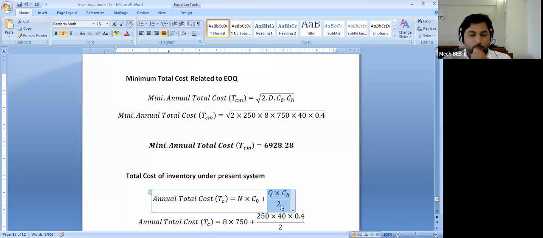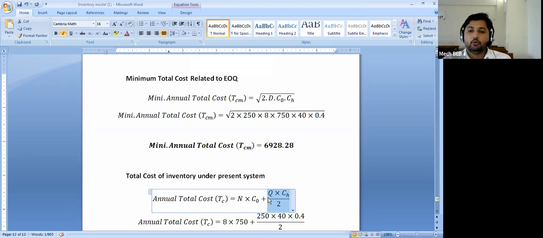In model 1 we have discussed that maximum minus minimum is nothing but Q. So Q divided by 2 will be the average inventory, and your inventory carrying cost is nothing but CH.